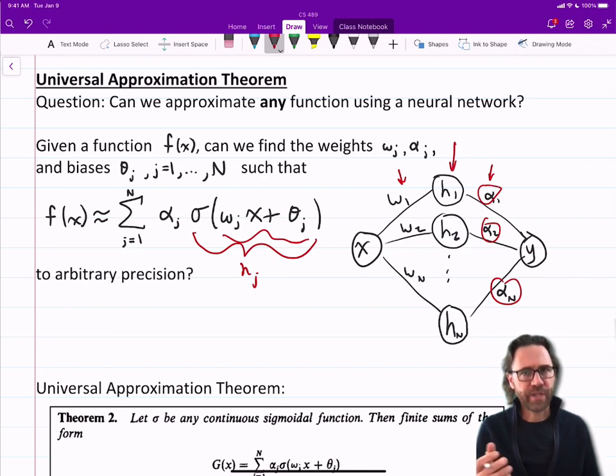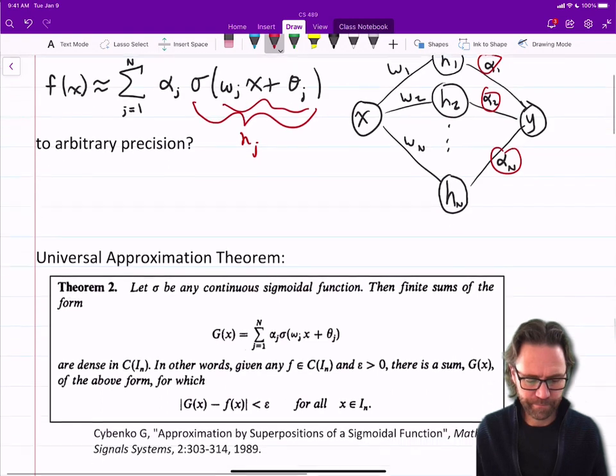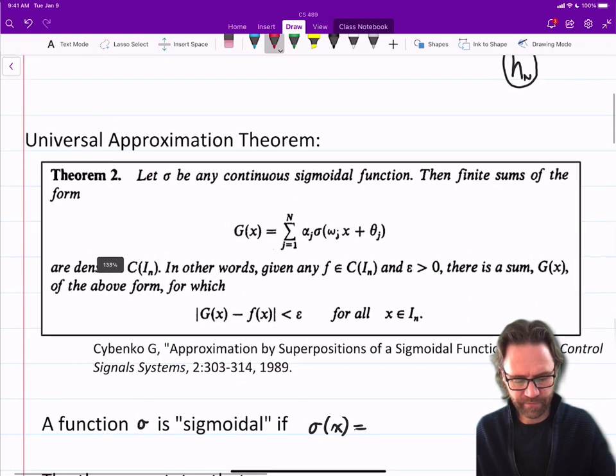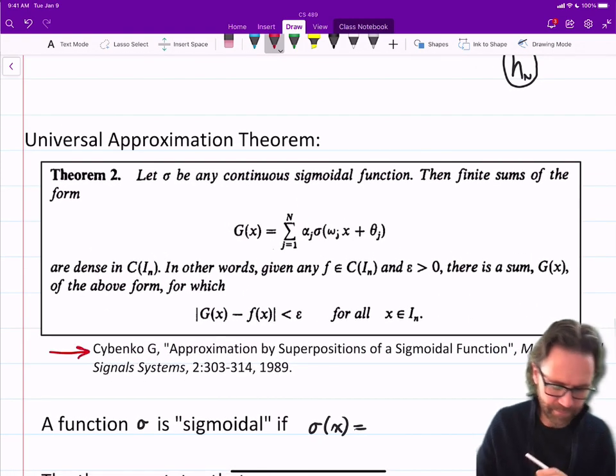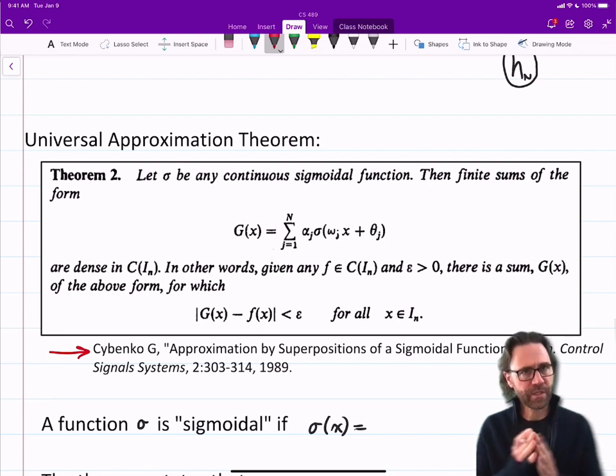So here's a statement of the universal approximation theorem taken from this paper here. I'll read it first, then we'll talk about it. Let sigma be any continuous sigmoidal function.